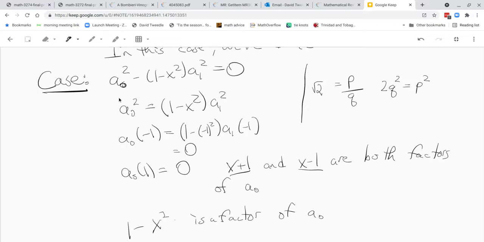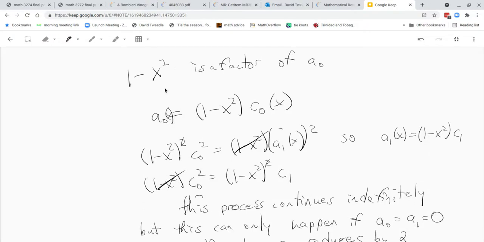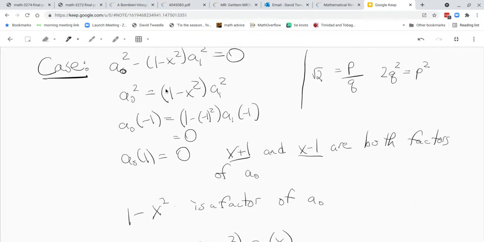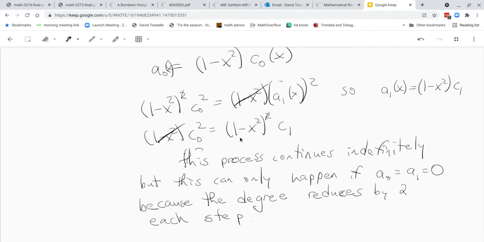Eventually you'll get degree 2 and degree 0, and then degree 0 and degree -2, and that's a contradiction. So the only way that works is if what you started with was both 0, because then the degree is undefined.